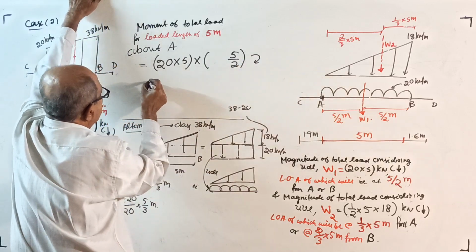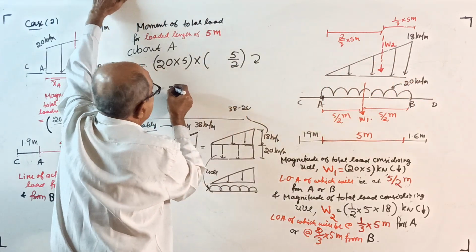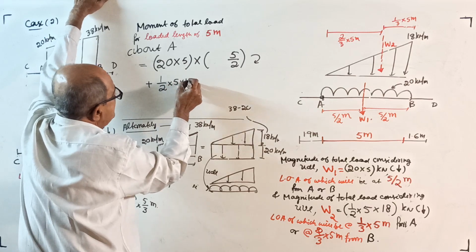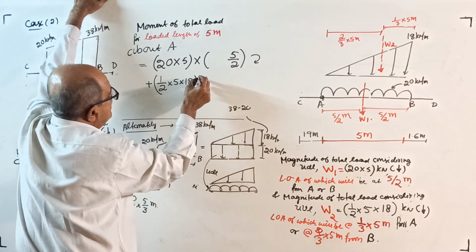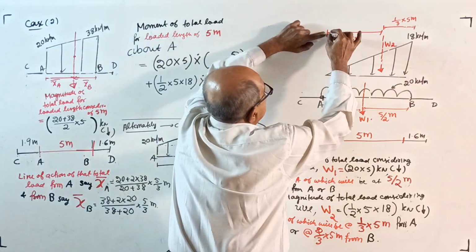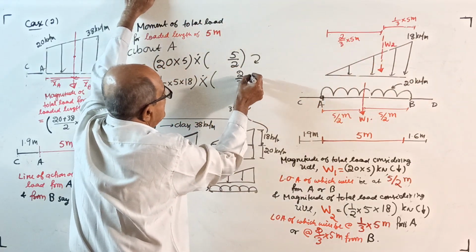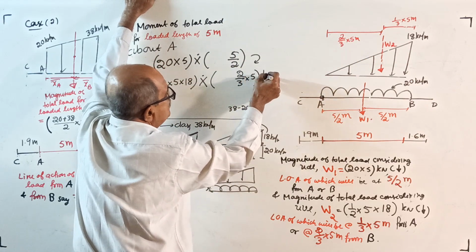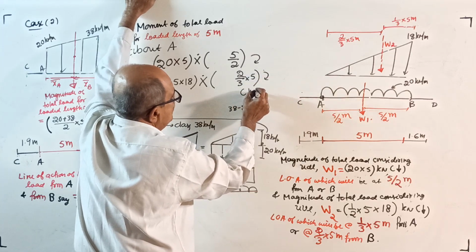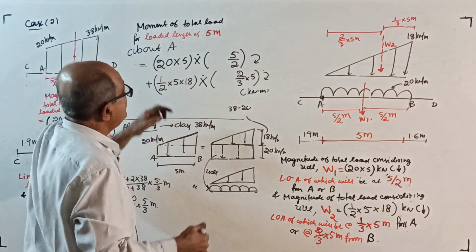Clockwise, plus half into 5 into 18, which is the total load, into the distance from A, 2 by 3 of 5, kilonewton meter. This is also clockwise. Answer is in kilonewton meter. Both are clockwise. Over. That is moment about A.